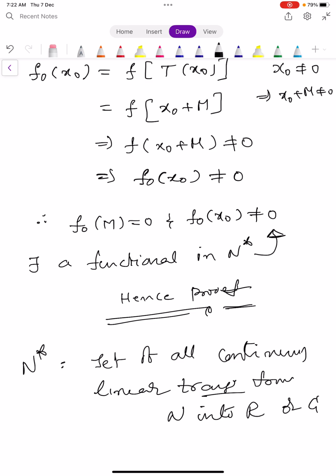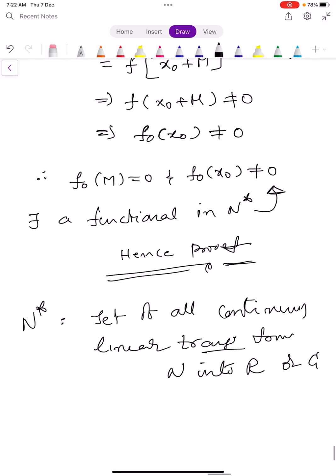Remember that N star is the set of all continuous linear transformations of N into either R or capital C. In the next video, we prove one more theorem in a similar manner, satisfying some different conditions.